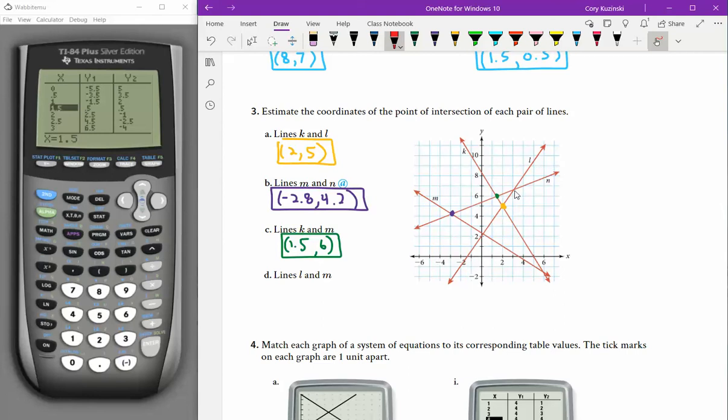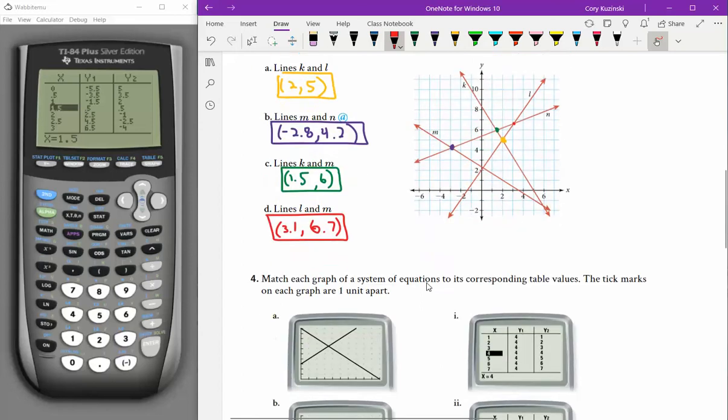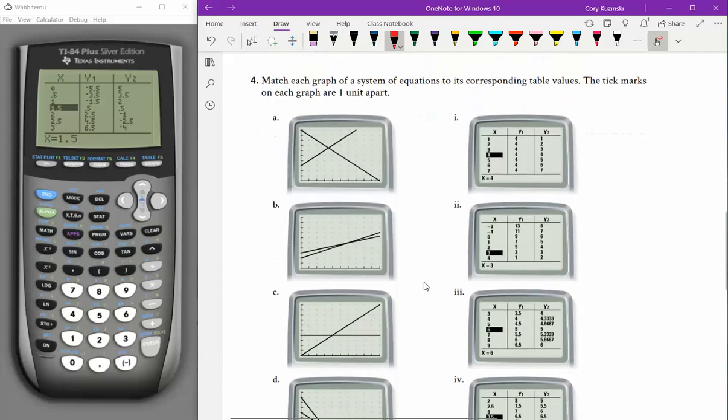It looks like it's just past the 3. So I'm going to say 3.1, and almost to the 7. I'll say 6.7, something like that. Be interested to see how many people have the exact same solutions as me.